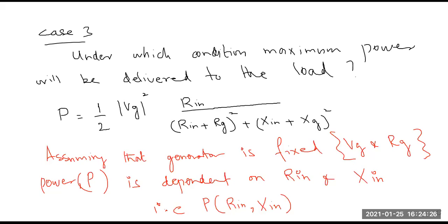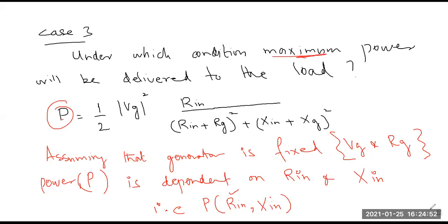Right now, we are interested in finding out the values of Rn and Xn for which this power becomes maximum. So I will take the derivative of P with respect to Rn, and the derivative of power with respect to Xn, and equate it equal to 0. From that equality, I will be able to find out the condition for maximum power.